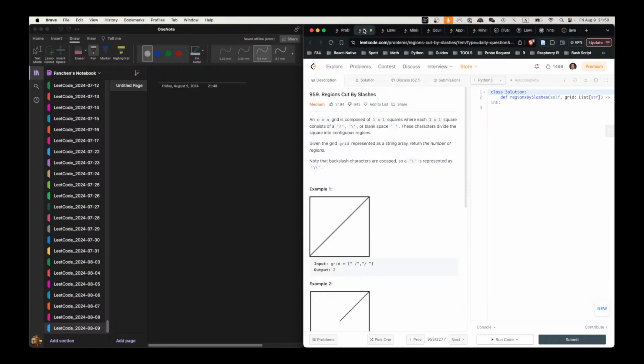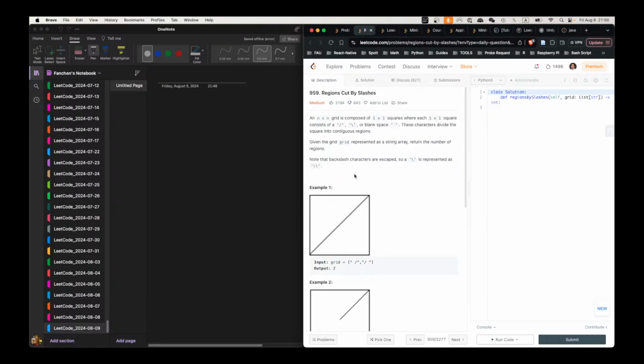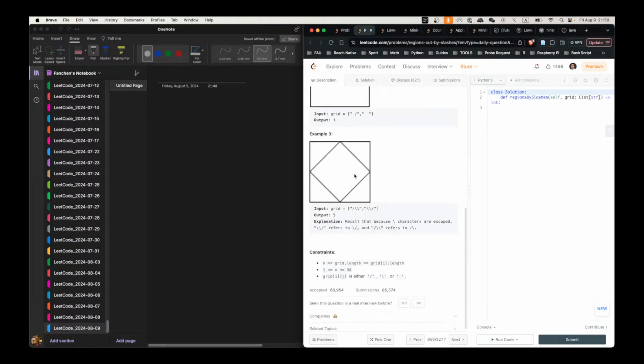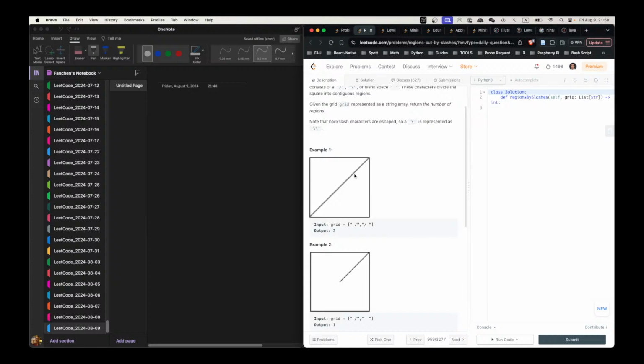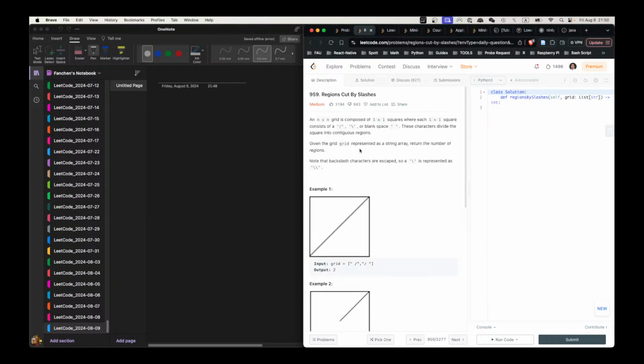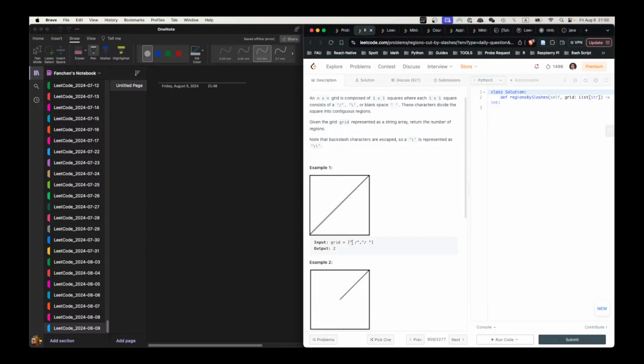Given a grid represented as a string array, return the number of regions. Note that backslash characters are escaped. Okay, so what does this mean?